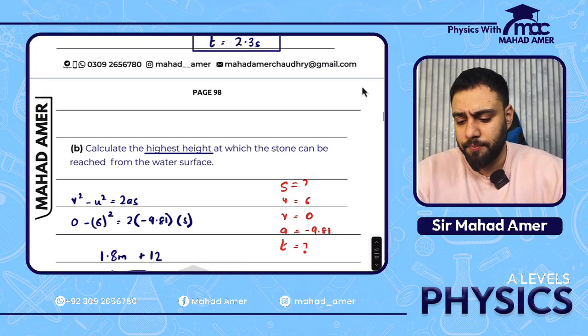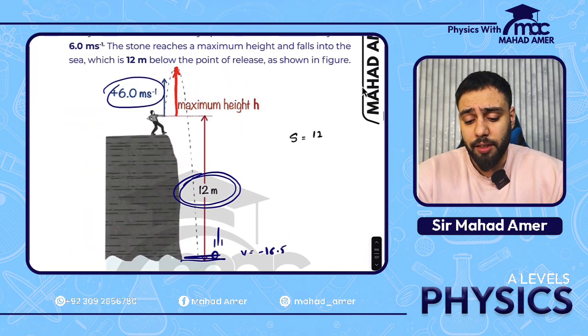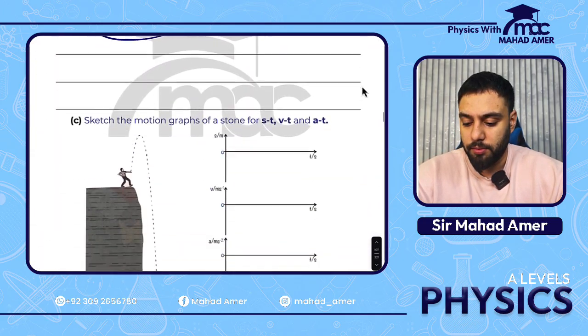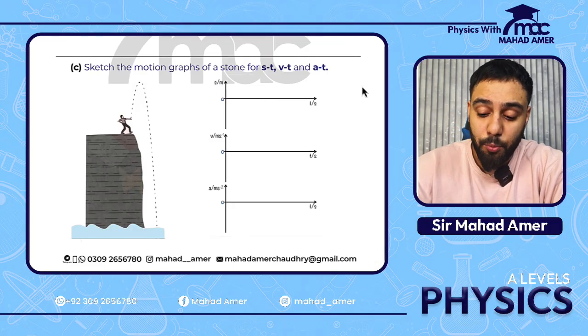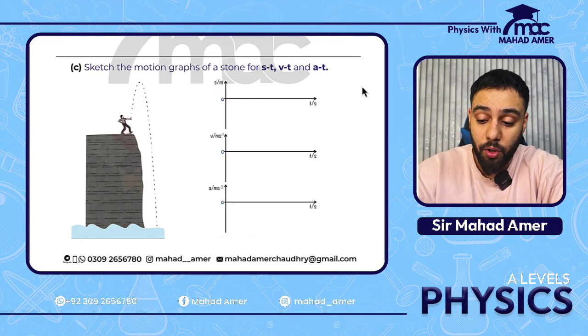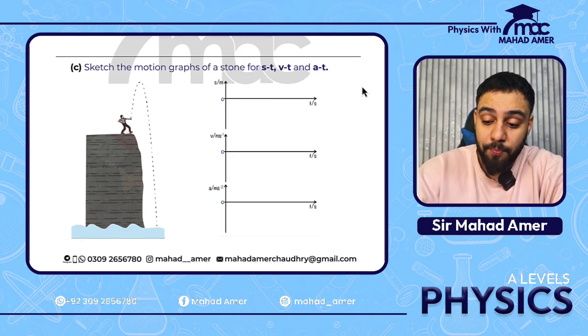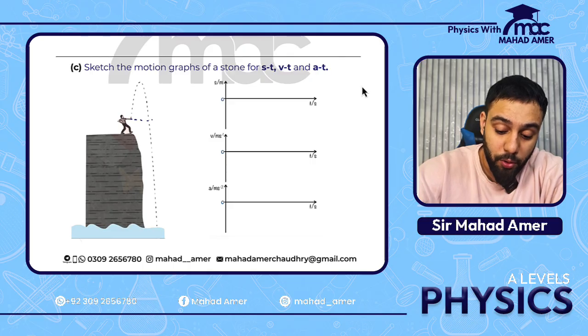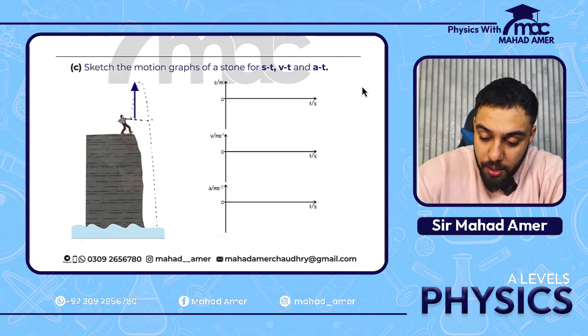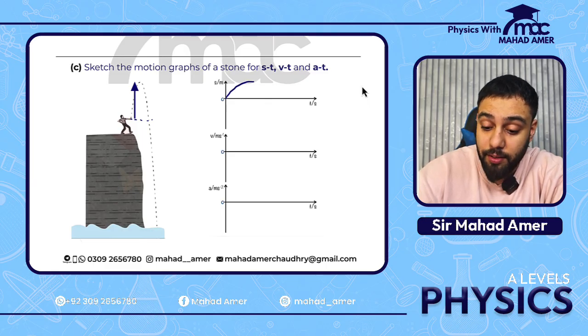This was all just the basic revision for the SUVAT equations, but the actual concept we need to discuss was this: sketch the motion graphs of displacement-time, velocity-time, and acceleration-time. Kids, as far as displacement-time is concerned, since upward velocity is positive, there was a positive displacement for the first part, and since it was decelerating, the graph is going to look somewhere like this.